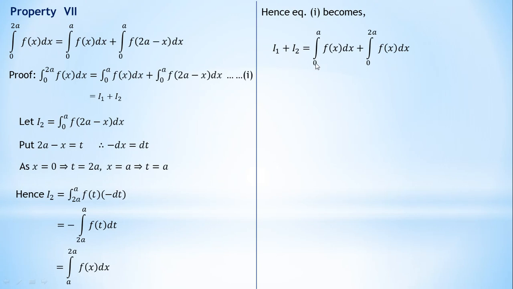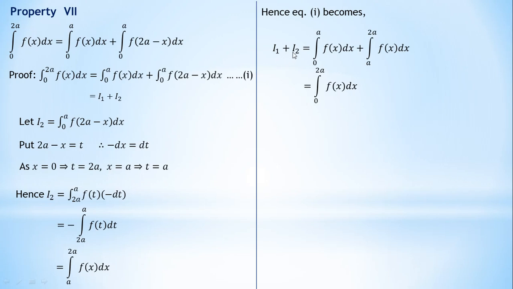Now see the limits of the integration here. Limits of the integrations are 0 to a, and here it is a to 2a. 0 to a and a to 2a. So by previous property, this can be written as the integration 0 to 2a f of x dx.